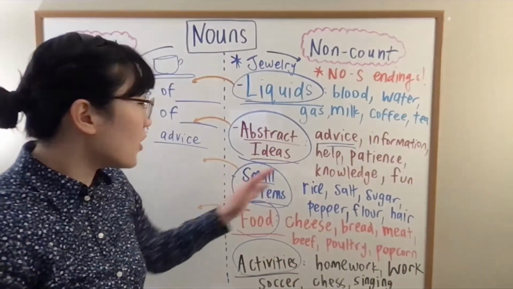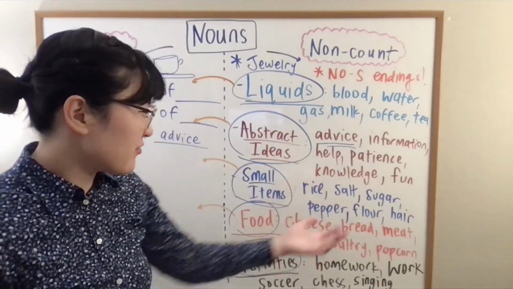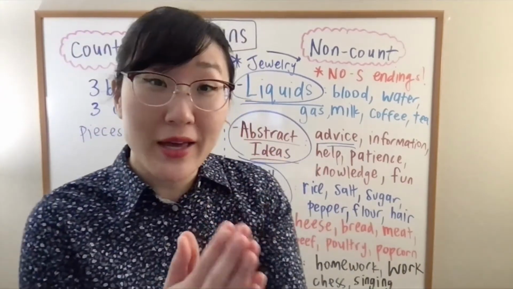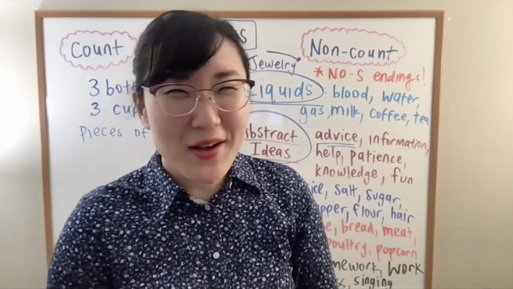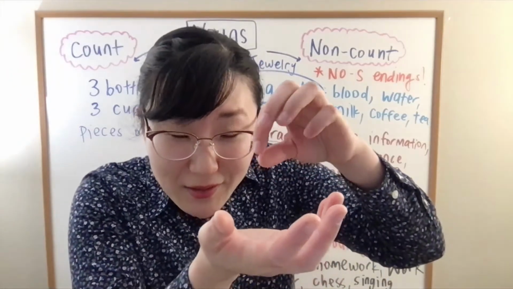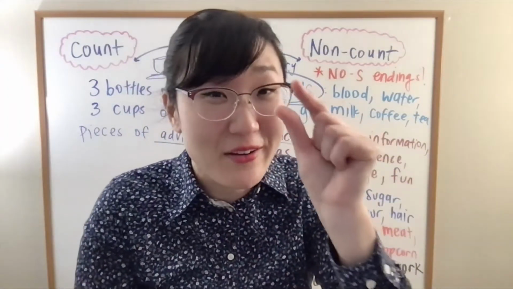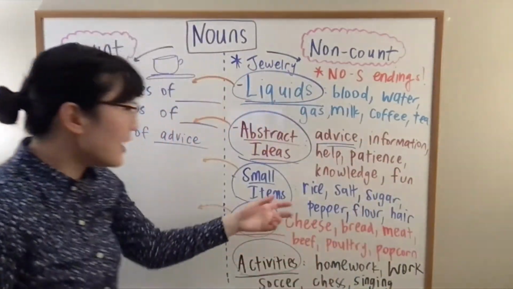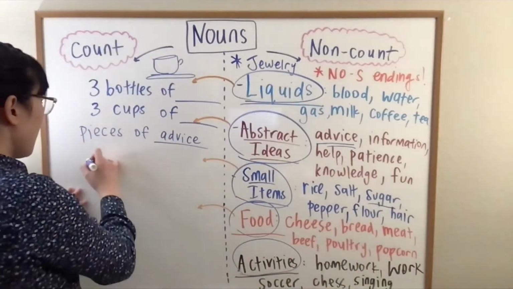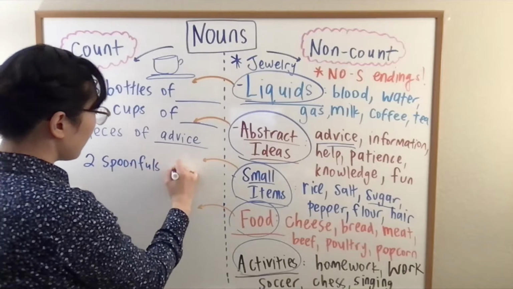Now, what about small items? Rice, salt, sugar, pepper, flour, even hair. If I ask you, oh, would you like some sugar in your coffee? You cannot tell me, oh, yes, Caroline, I would like 100 pieces of sugar. How can you count that? It's so small. They're very, very tiny. Instead, you can ask for maybe in terms of sugar for your coffee, I would like 2 spoonfuls of sugar.